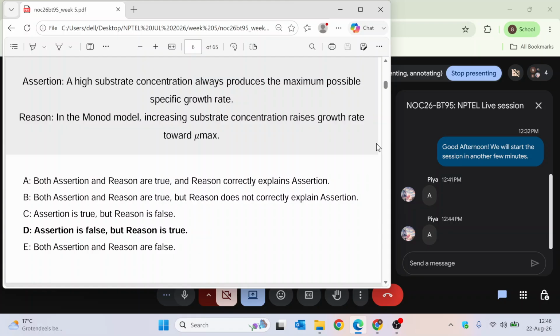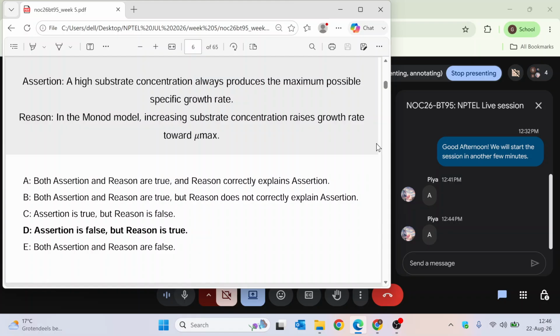Based on the equation itself, whenever substrate concentration is increasing, your specific growth rate will increase such that it reaches your maximum specific growth rate. The first statement, the assertion, is not always right, because we have studied a phenomenon called substrate inhibition. I hope it is clear.